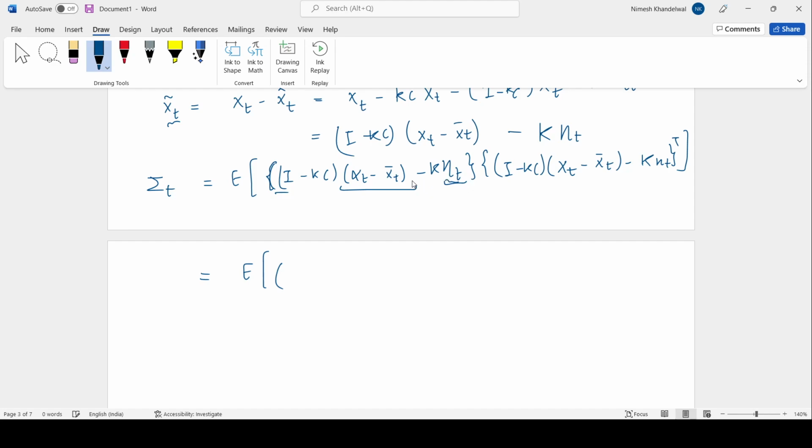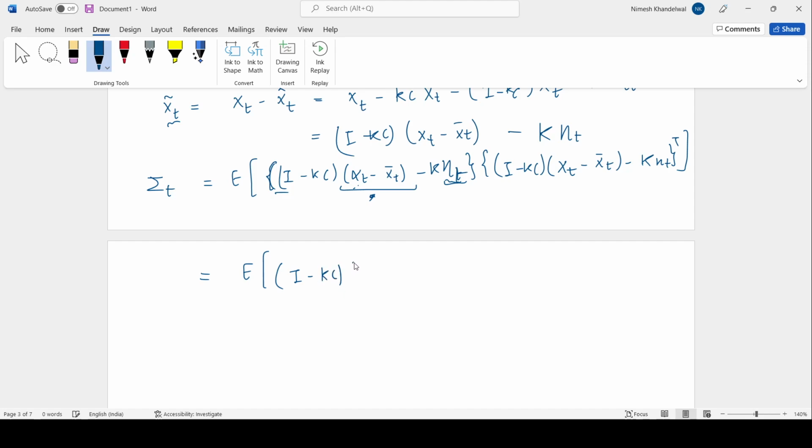We should write out all four terms, but I know that when I take the expectation of x t minus x bar and eta t, the covariance between x and eta, that is 0.